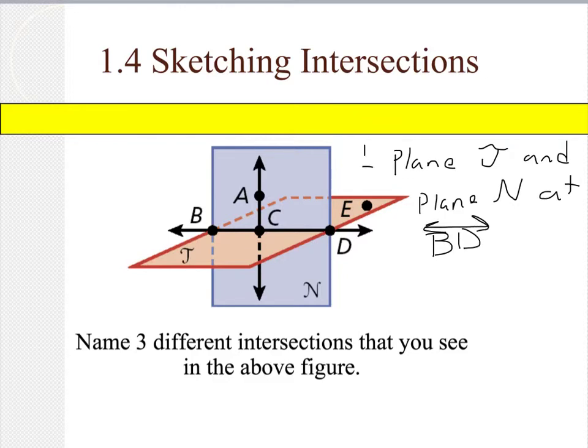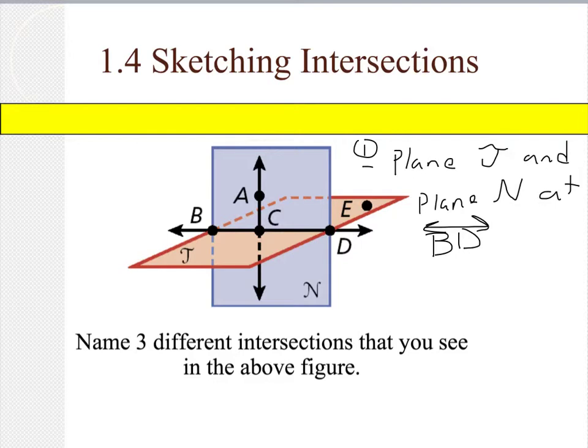Okay, so that's one. Very first one. Plane T and plane N intersect at one line, which is line BD.